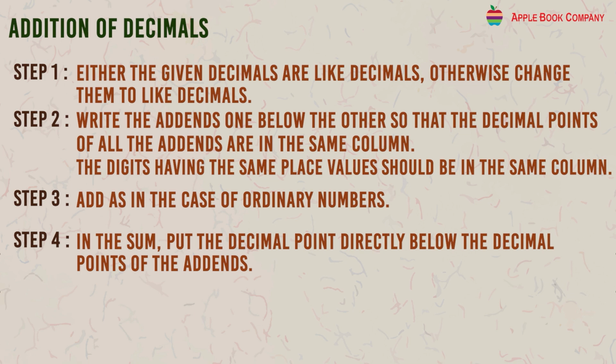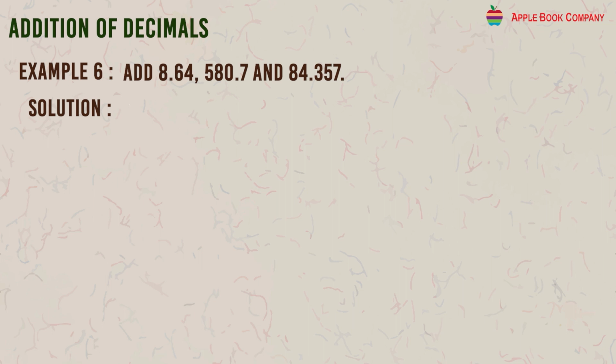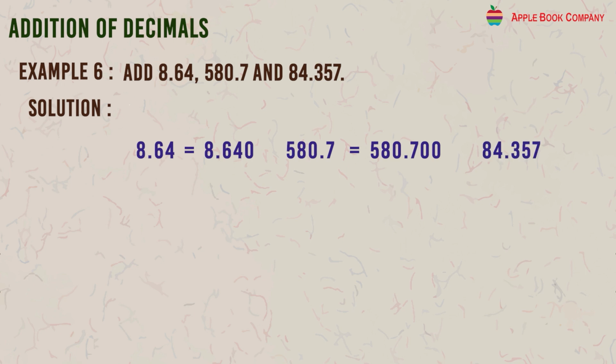Consider the following example. Example 6. Add 8.64, 580.7 and 84.357. Solution. First, converting into like decimals. 8.64 can be written as 8.640. 580.7 can be written as 580.700. 84.357 as given.